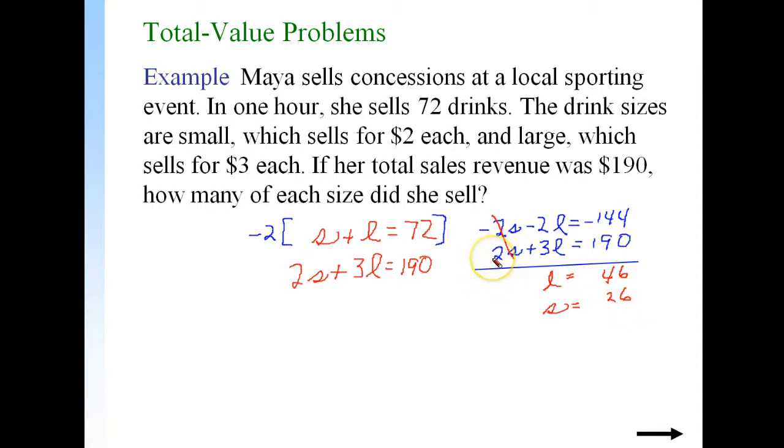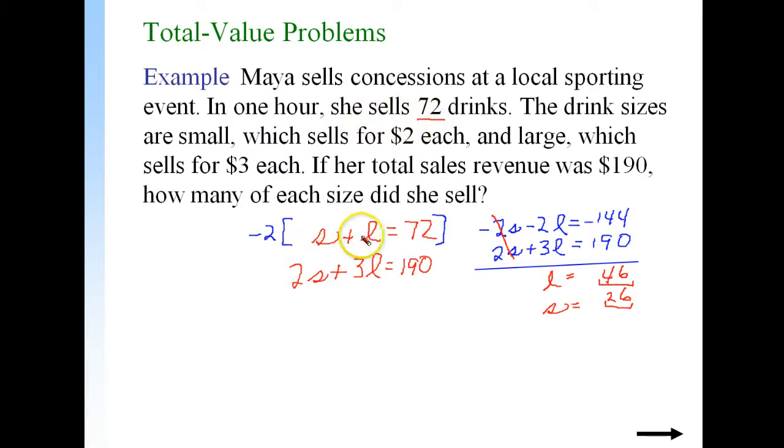So what is your answer statement then? Well, Maya sold 26 small drinks and 46 large drinks. So once again, here's the total drinks.